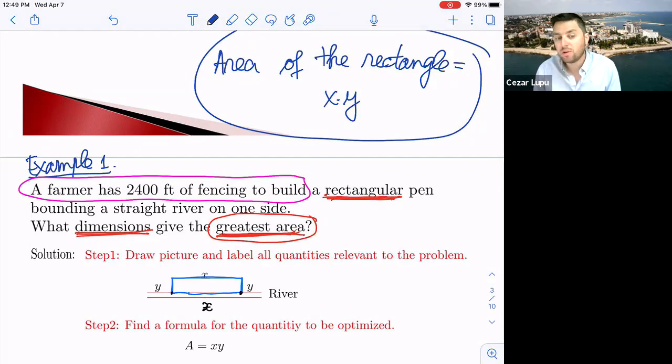We want this quantity A, X times Y, to be optimized, and to find when it is the largest and for which X and Y this happens. But we would also want to see what kind of relationship there is between X and Y. Exactly, the perimeter.